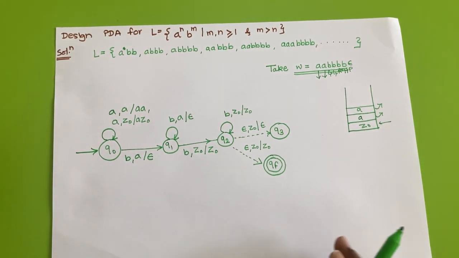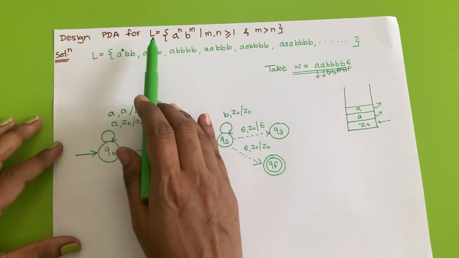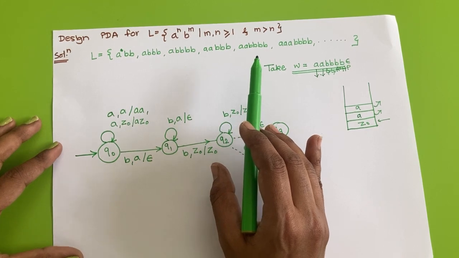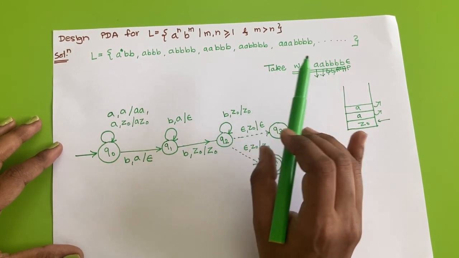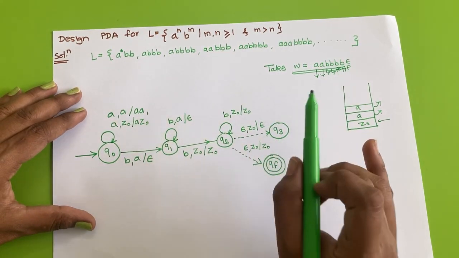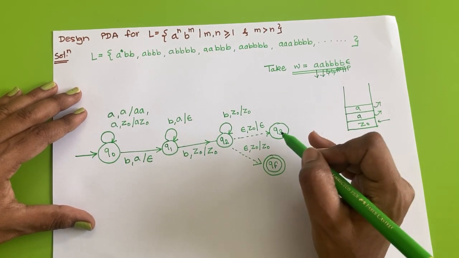So this was related to L equal to A raised to N, B raised to M. Here we want to check only that the number of B's should be greater than the number of A's. We don't want to count how many extra B's we have in the given string.